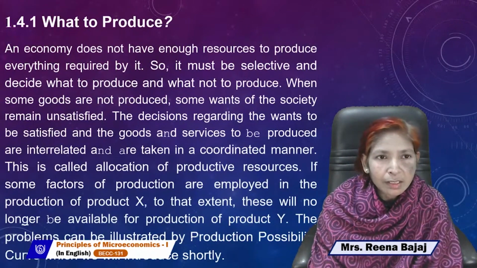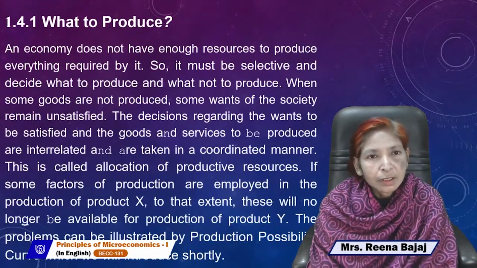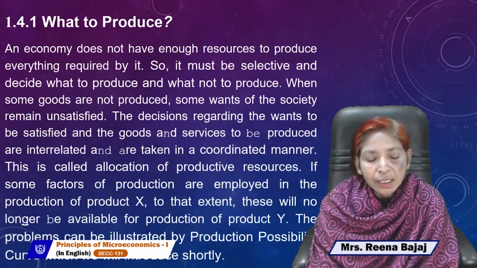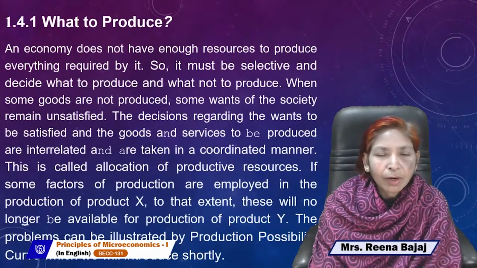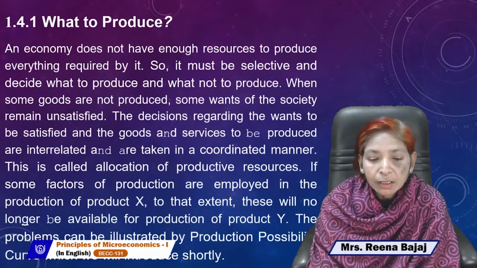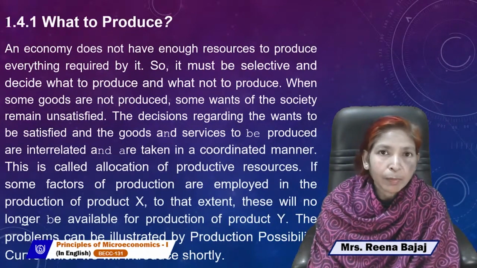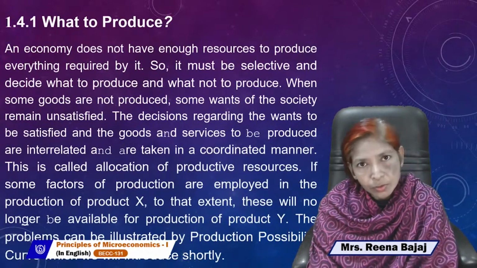For solving this problem, what to produce, we have to see what type of situation is prevailing in the economy. If a war situation exists, then the economy's producers will produce more capital goods and less consumer goods.